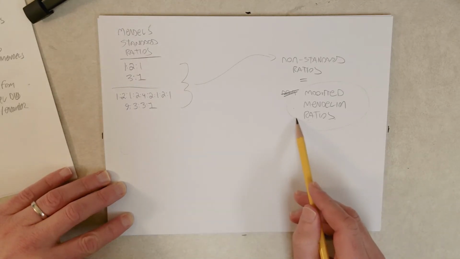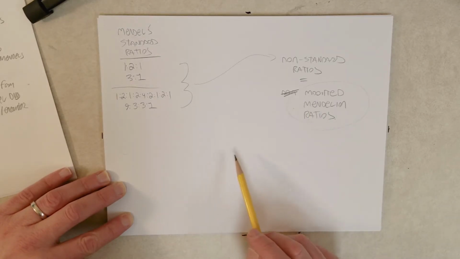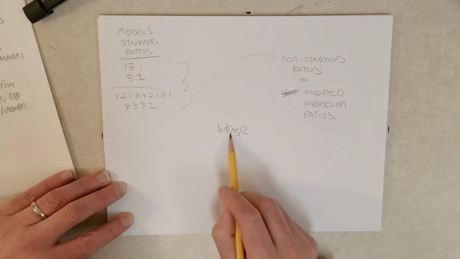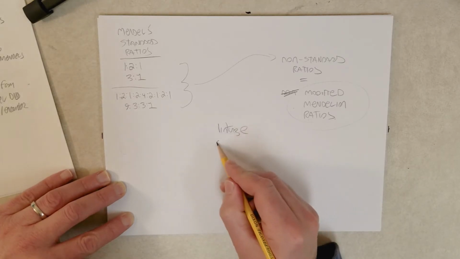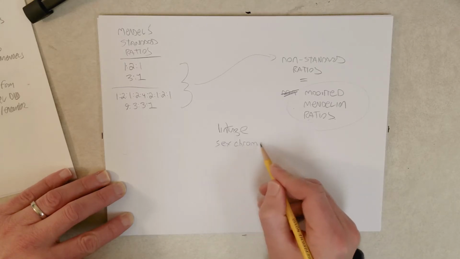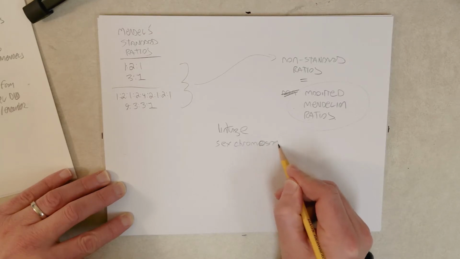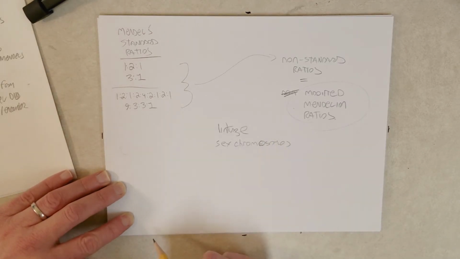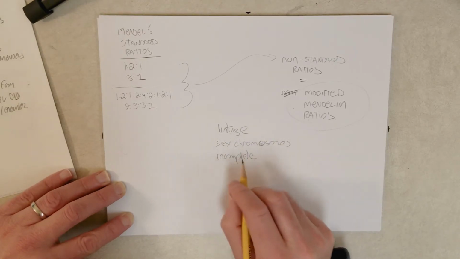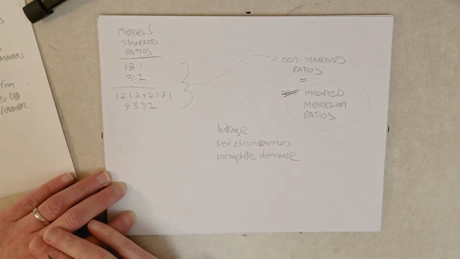So what are some of the phenomena that lead to modified Mendelian ratios? So linkage, that would be genes close together on the same chromosome. Mendel did not study genes that were linked. He did not study genes that were on sex chromosomes. So that can also lead to modified ratios. He did not study alleles that demonstrated incomplete dominance over an alternate allele, right?